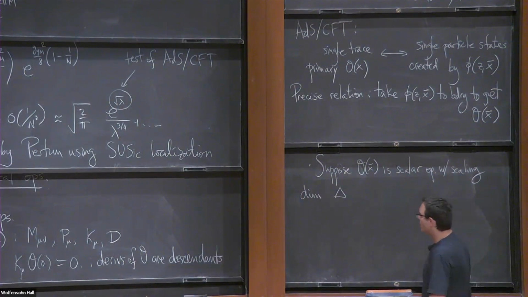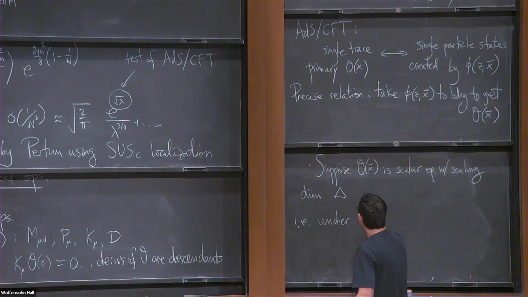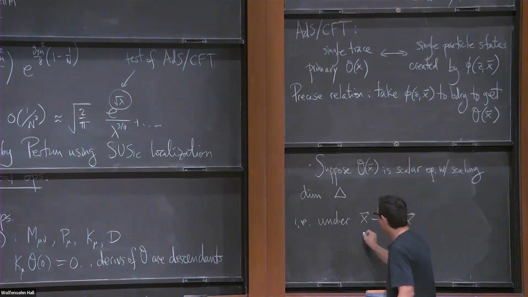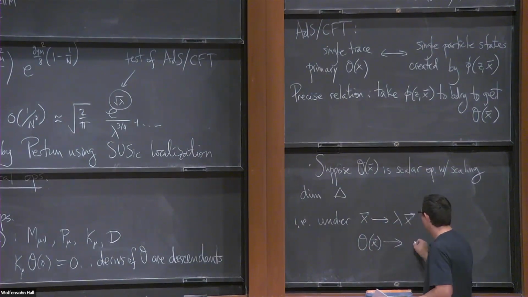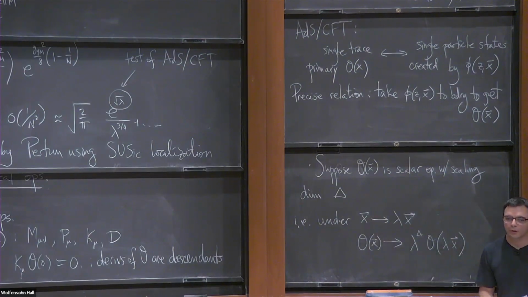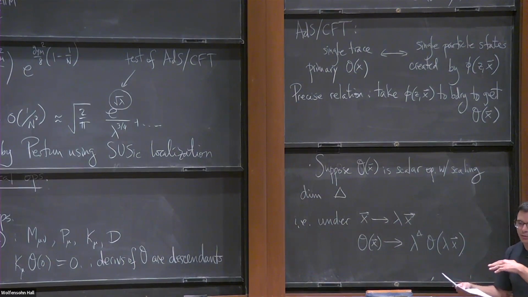What that means is that under the scale transformation, x goes to lambda x, the operator O transforms into lambda to the delta times O of lambda x. This property, for example, implies that the two-point function of an operator O of dimension delta goes like 1 over x to the power 2 delta.